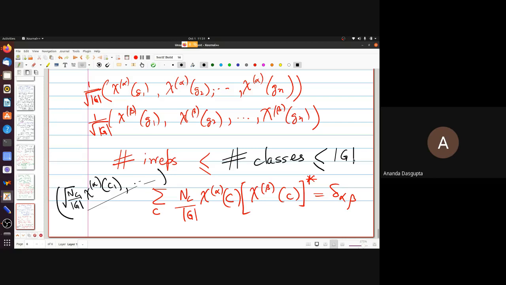Of course, all this is being stated without proof. That's for the next class. But this will also give you one immediate result: if you were to write down a given matrix in the regular representation, what will its size be?